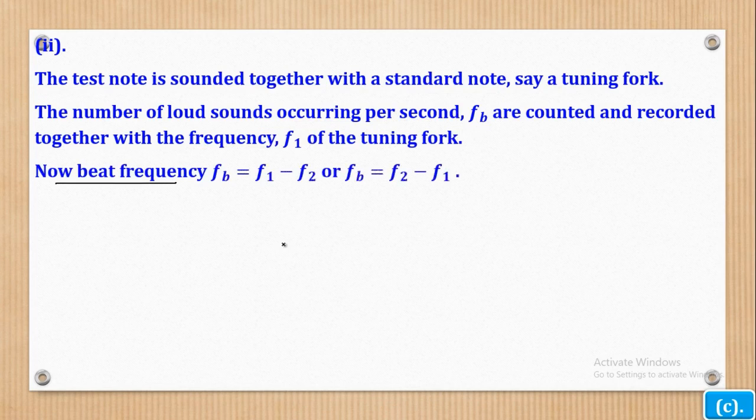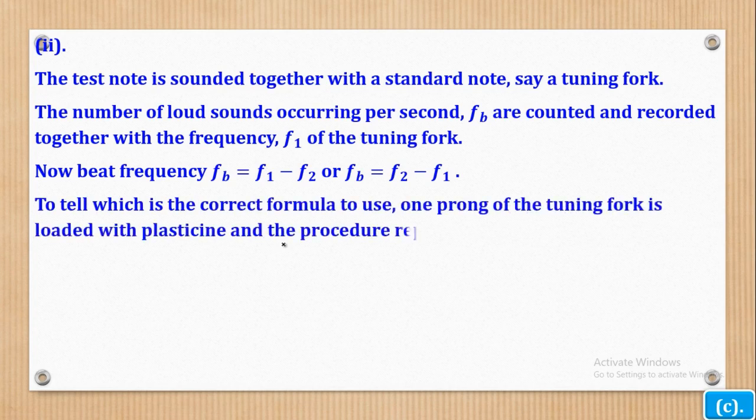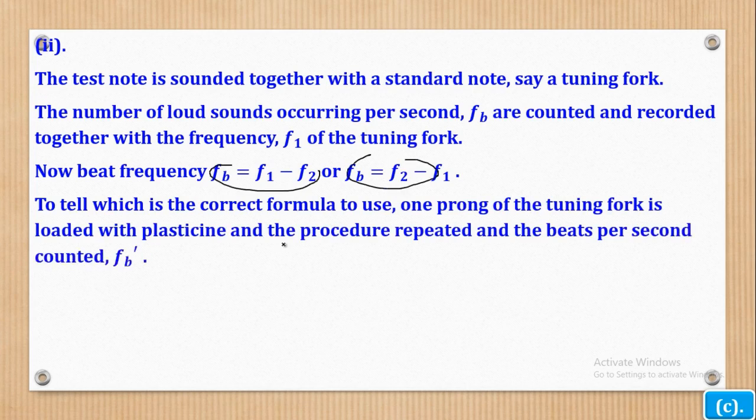The beat frequency is therefore given by the difference, which is F1 minus F2 or F2 minus F1. So F2 is the frequency of this test note which we are looking for. Now remember, these are two formulae, therefore we have to choose one and ignore the other.